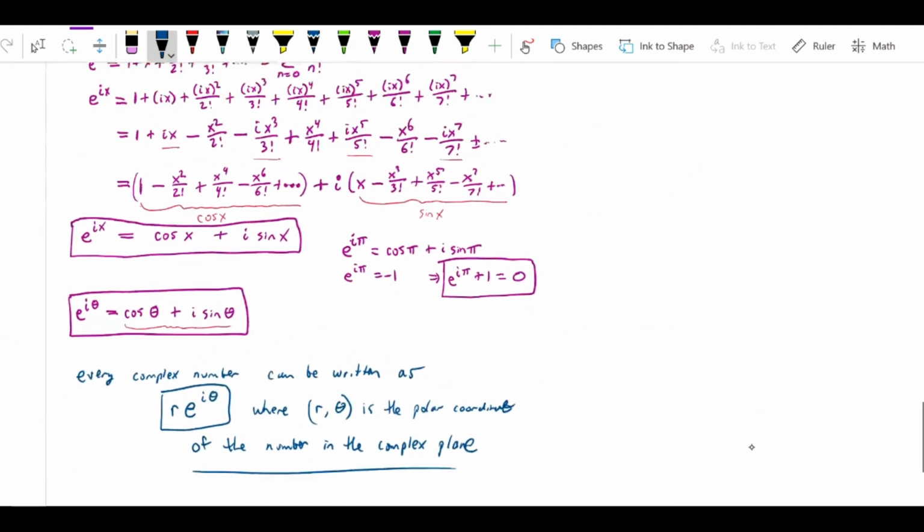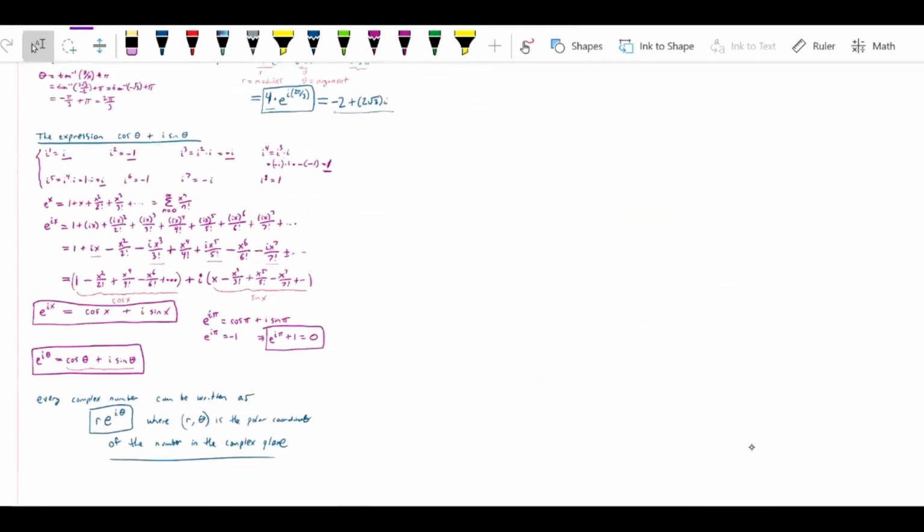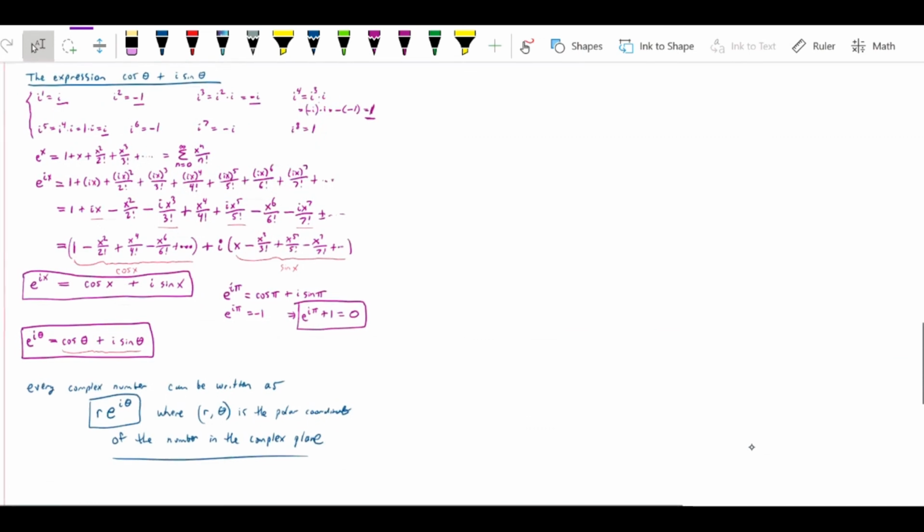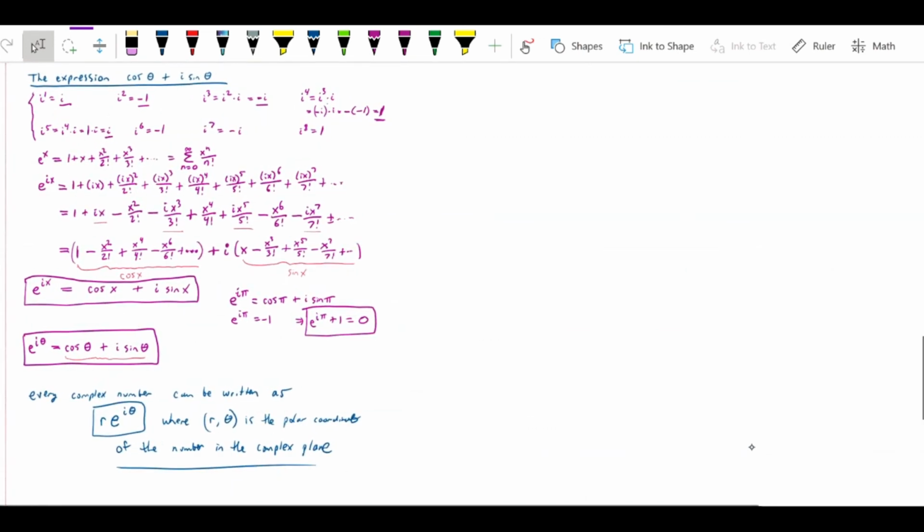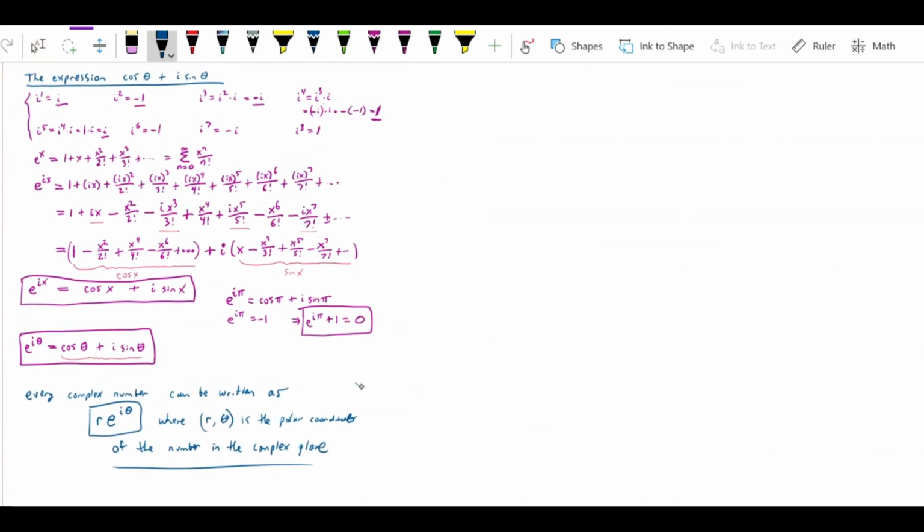So, let's see if I can put all this amazingness up on one page. That's the main conclusion that we want you to understand about complex numbers. This is a fact that you can get to simply by knowing enough about the Maclaurin series, specifically the Maclaurin series for e to the x, sine x, and cosine x, and knowing about polar coordinates.